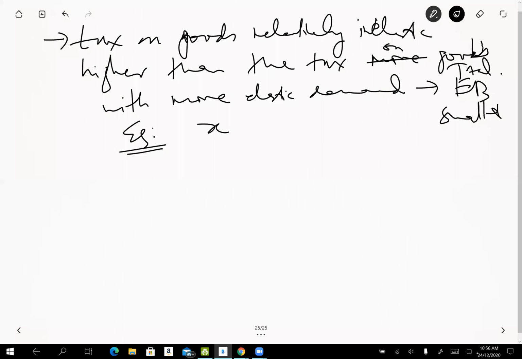Minyak kereta, petrol. Yeah, petrol or rice, okay. Rice, the demand is very inelastic because the goods that normally have inelastic demand are the goods that you need, necessities. Sugar not so much lah, but we can still treat that as inelastic demand.